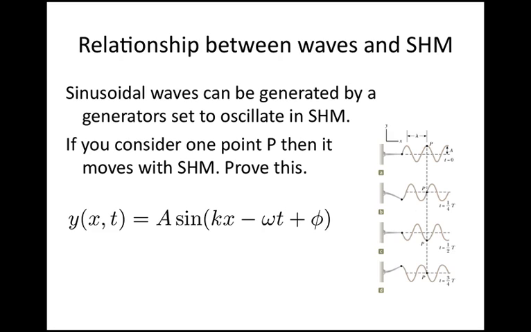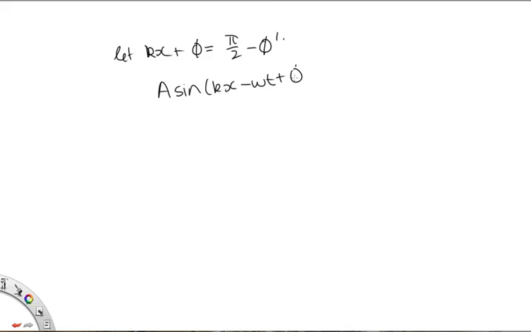Another way to do it, if you care about your cosine functions, is to let kx plus phi be equal to pi on 2 minus phi dash. So this can have any value, which lets you choose any x you want. So then we have A sine kx minus omega t plus phi is equal to A sine.